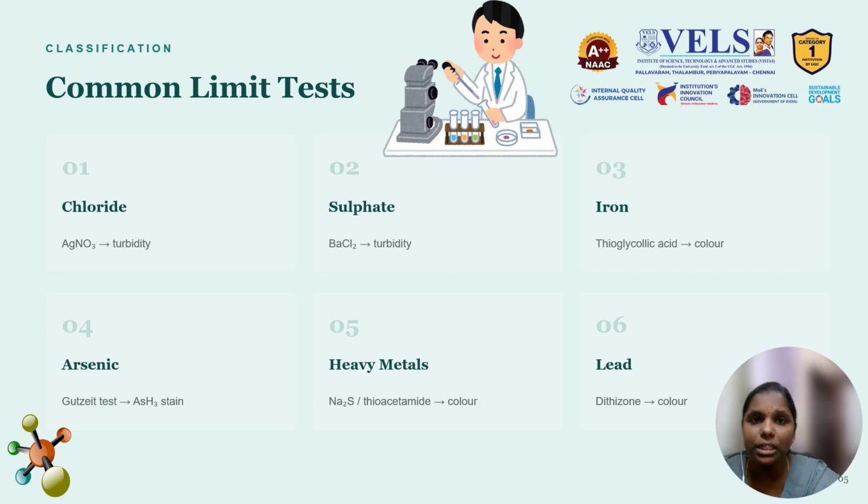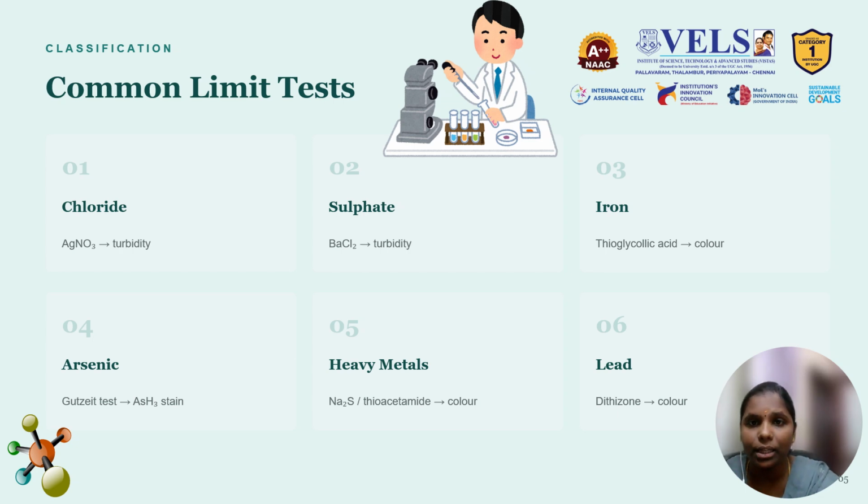Different impurities require different reagents. Like, chloride reacts with silver nitrate and produces turbidity. Sulfate reacts with barium chloride and produces turbidity. Iron reacts with thioglycolic acid and produces a purple color.